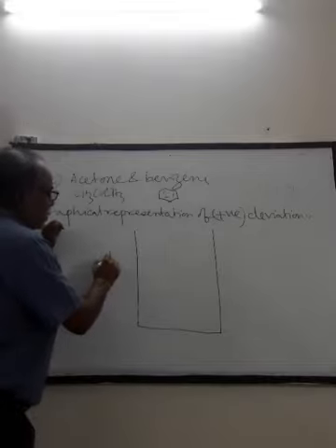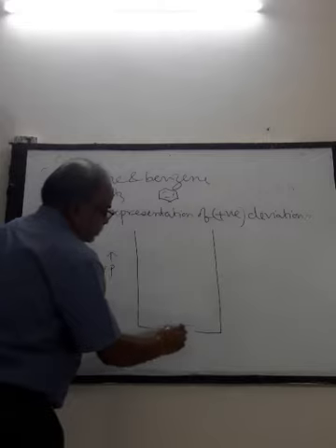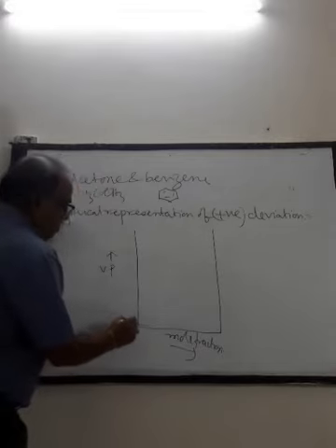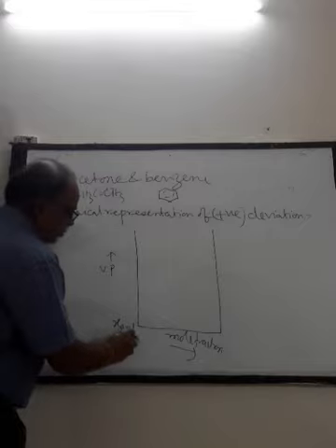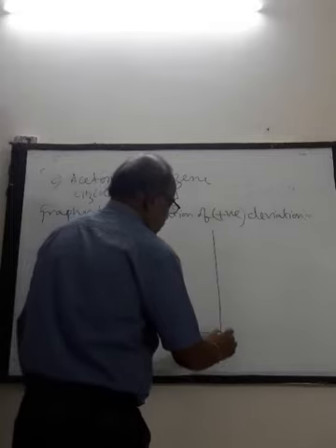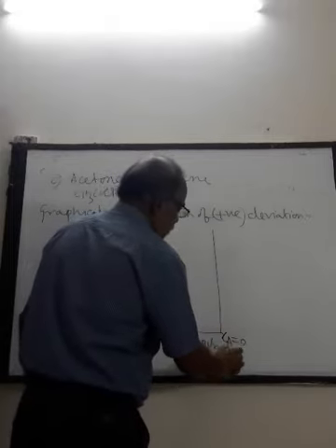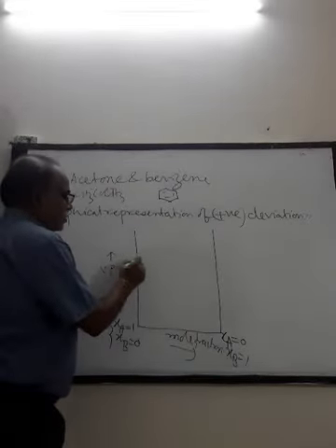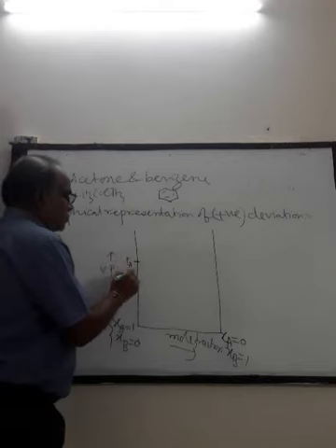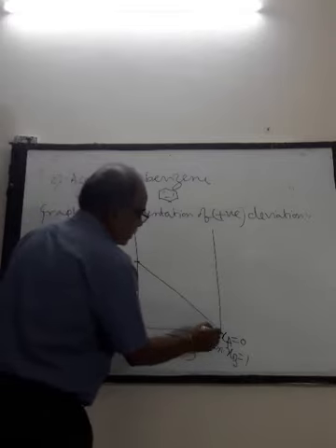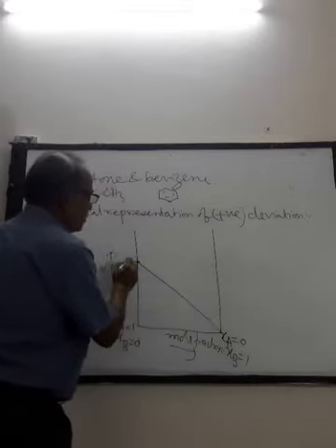So vapor pressure against mole fraction. At this point, xA equals 1, xB equals 0, that is the sum equals 1, and here xA equals 0, xB equals 1, so the sum is 1. So this is the value of A, decreasing.